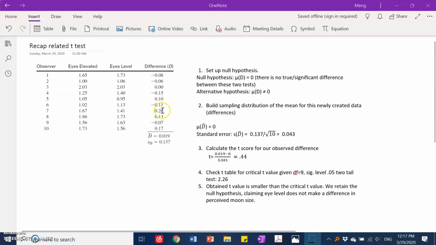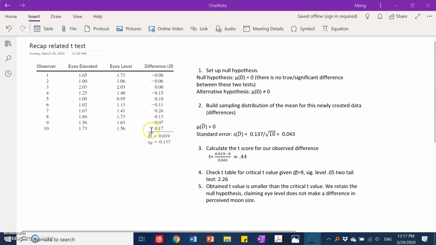If the difference we obtain here is significantly different from zero, that means we have significantly different means between these two situations. So again, that means people's eye level does matter in terms of making them perceive the Mu in different sizes.